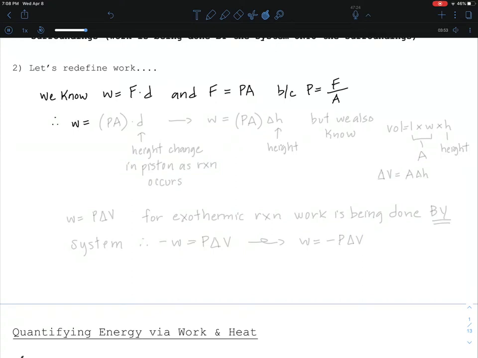So the work is going to be equal to the pressure times that cross-sectional area times the distance. And if we say, let this be the height, right? So this is going to be the height, so the change in the height of the piston in our little cylinder up there as the reaction occurs.